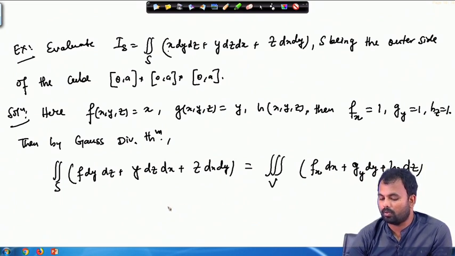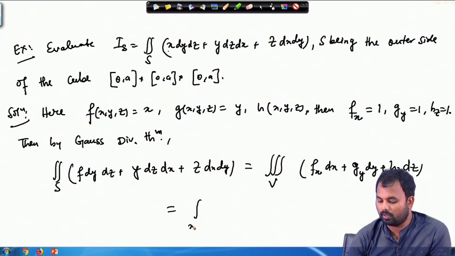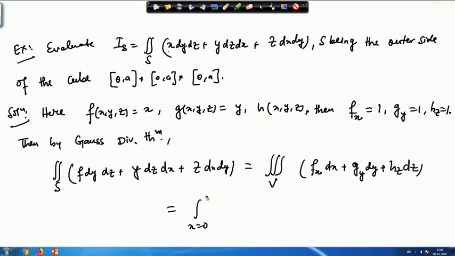Now in the volume integral, x is running from 0 to a, y is running from 0 to a and z is running from 0 to a. This will be dx because f x is 1, this will be dy because g y is 1, and this will be dz because h z is 1.